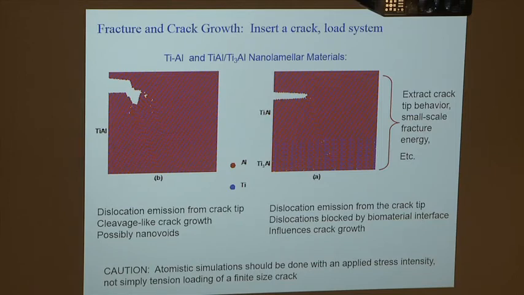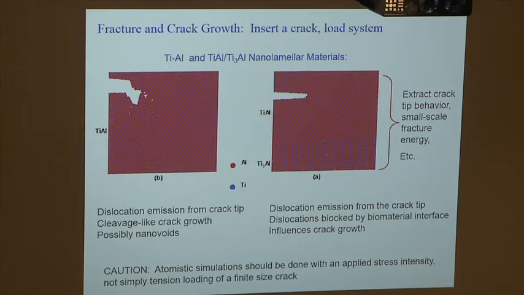There are scales around the crack tip, like the stress intensity field is really only valid in a small region around the crack tip. If that region is only 4 or 5 atoms, it's very hard to decide that you're doing a valid fracture problem.